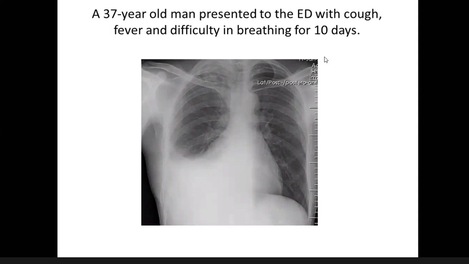Now if the patient is having right lower lobe consolidation, what other X-ray findings might you see? If someone has a right lower lobe or right middle lobe consolidation, apart from homogeneous opacification, is there any other thing you are going to specifically look for?